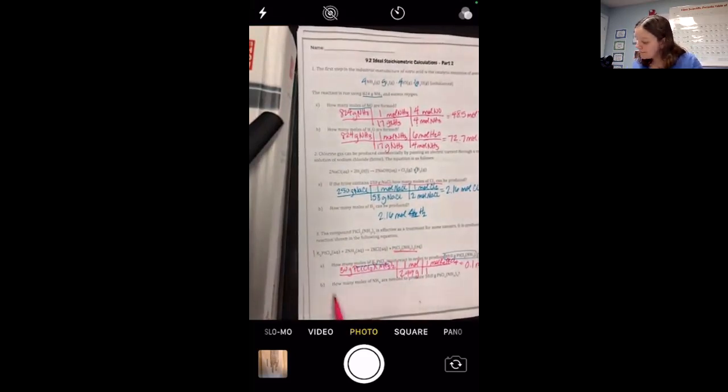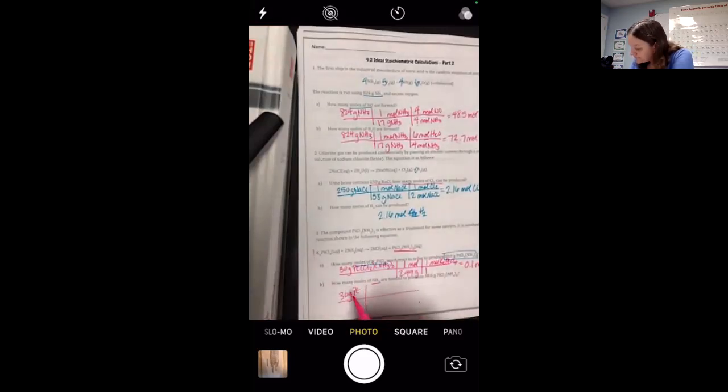Oh, and how many moles of ammonia are needed to produce that 30 grams? Thankfully, we don't have to do the molar mass again. So we have 30 grams of the Pt compound. So 299 grams in 1 mole, 1 mole.